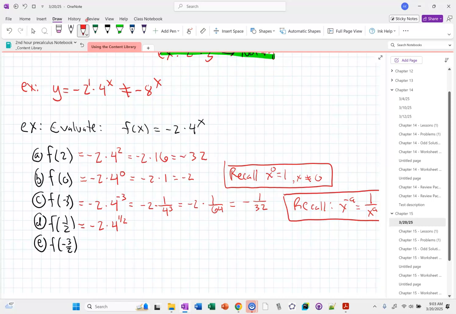The denominator of that unit fraction tells you the index of the radical. So because this is 1 over 2, the 2 part tells me that we're talking about a square root. And I know the square root of 4, well, that's just 2.